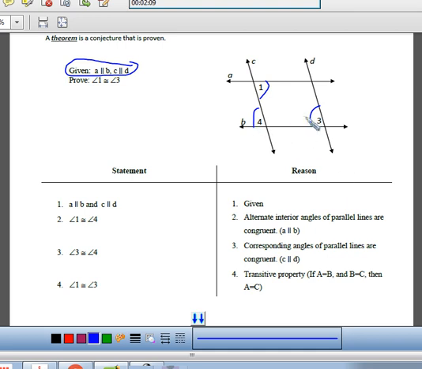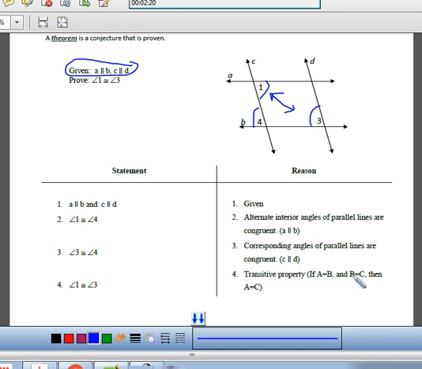So since 3 and 4 are the same and 1 and 4 are the same, we can make a final statement and prove that angle 1 and angle 3 are congruent by what's known as the transitive property. If A equals B and B equals C, then A equals C. Now, I bet a lot of this is pretty confusing because we've never learned about the transitive property.